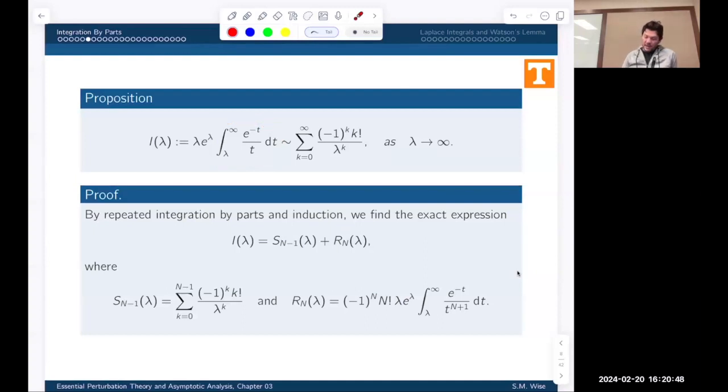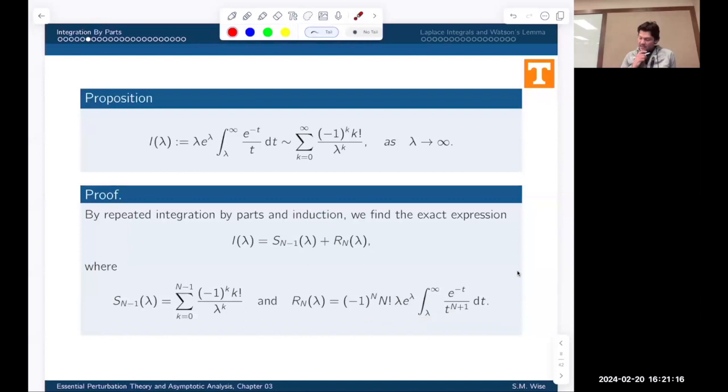So I claim that I can show an exact expression. I can show that for any capital N, a counting number, I of lambda is equal to my partial sum up to term n minus 1, plus a remainder, where the partial sum is here and the remainder term looks like all this business.